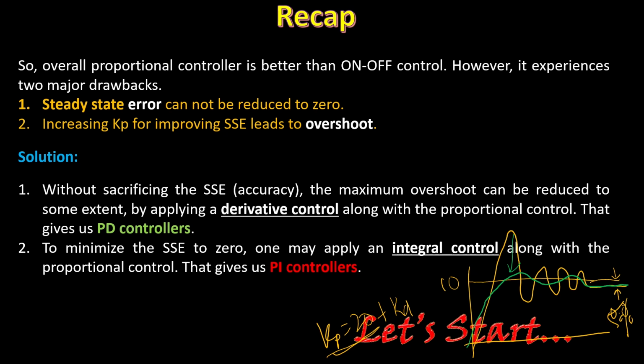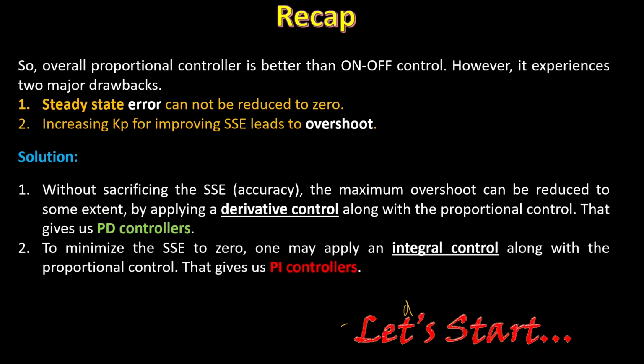Vice versa, the PI controller introduces more oscillations, but it actually makes the error exactly zero. So if you use a P controller along with an I controller, ultimately it should look like this. Maybe oscillations will be high, but ultimately it will match with the desired value. So which one is the better solution?